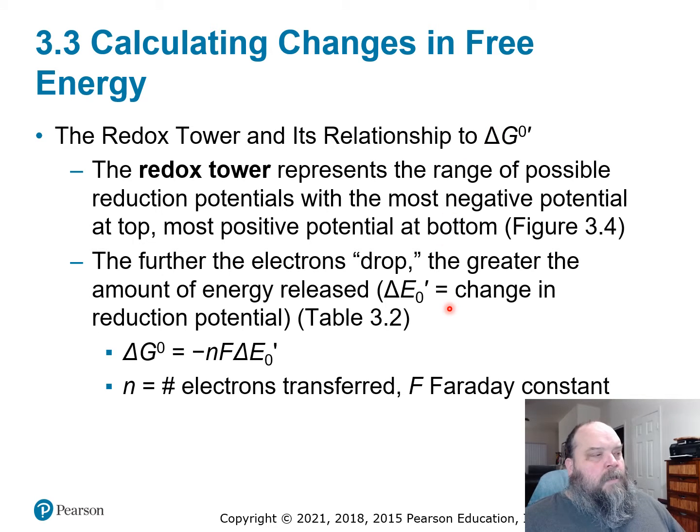Instead of doing the whole delta H, RT business, they now look at it as delta G naught, the change in the free energy in that reaction, is equal to the negative of the number of electrons transferred times the Faraday constant times the delta E, that reduction potential that we talked about last section.